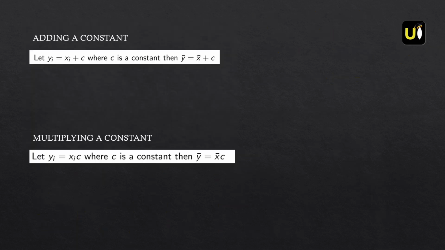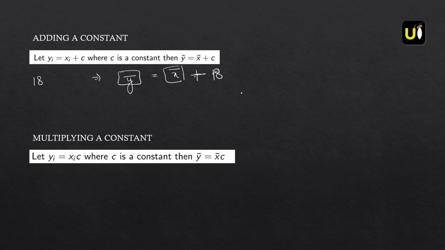All right. So now we have the conditions, like if we add a constant, let yi equals xi plus c, where c is a constant, then the mean will be the same plus the constant. All right, so suppose it is asked in a question that an observation is added as 18, so this would be the mean of the x plus 18.